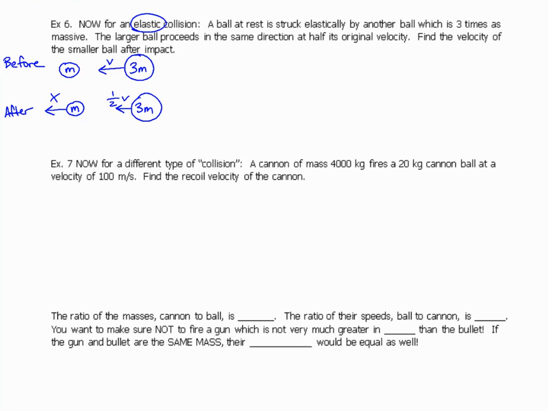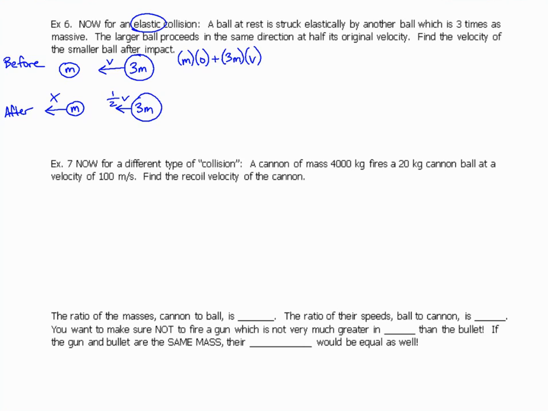So before, we have a ball of mass m with a velocity of 0, plus we have a ball of mass 3m with a velocity v. Now you'll notice that I didn't make this velocity v negative.